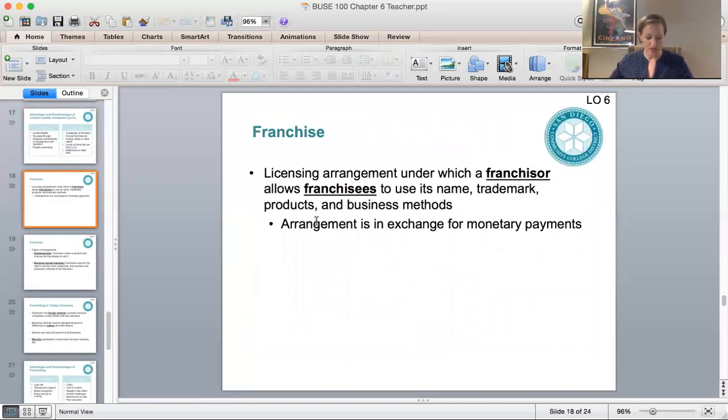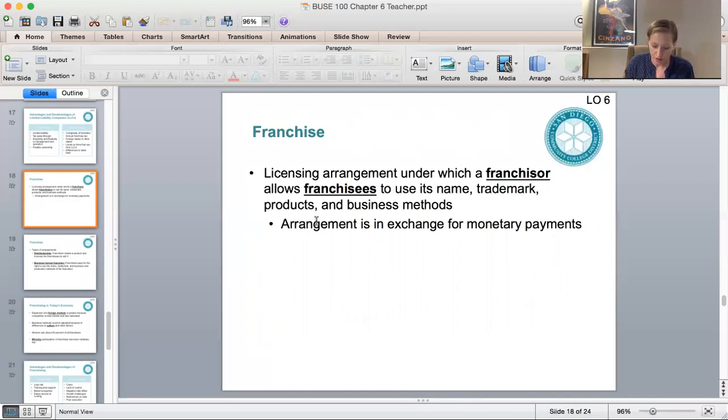Franchising. Franchising is one of the most popular ways to operate a business and to enter a business as an entrepreneur without starting from totally scratch, right? Distributorships and business format franchises are the most common types of franchise arrangements.